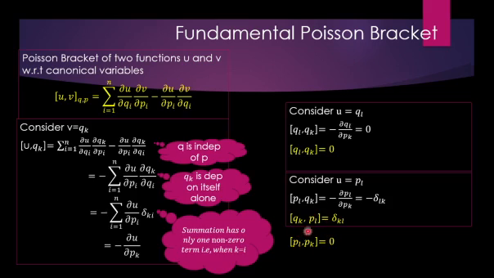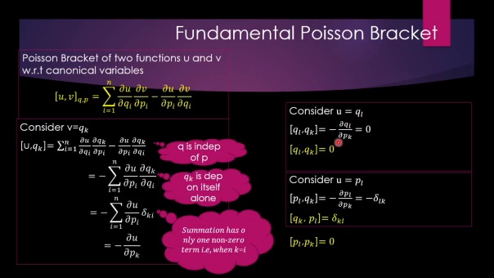And the third fundamental Poisson bracket is, if you take the Poisson bracket of momentum with any other momentum or itself, then it would be equal to 0. How do you arrive at this? First you substitute pk for v instead of qk, and you can do a similar thing and you will get dou u by dou qk, and then you just have to substitute pl.